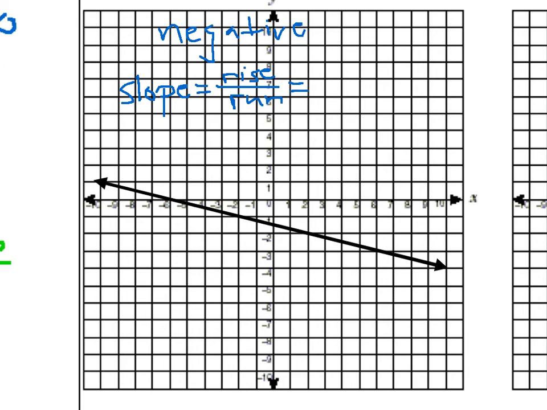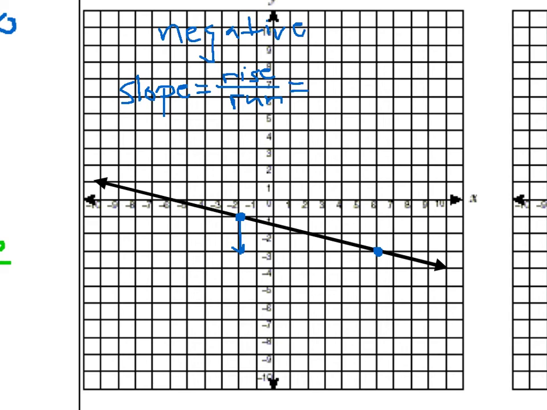So that means we need to pick 2 points that we're going to calculate the slope in between. So I see one that looks like it's right here, and another right over here. I'm going to start with my rise. In other words, I'm at 1 point, and I need to go down 1, 2.